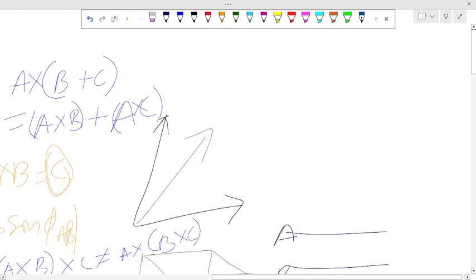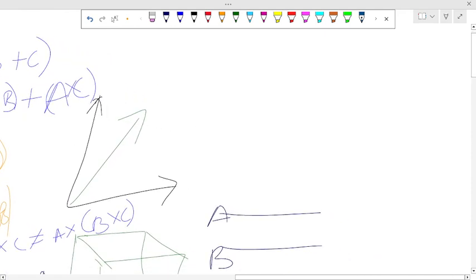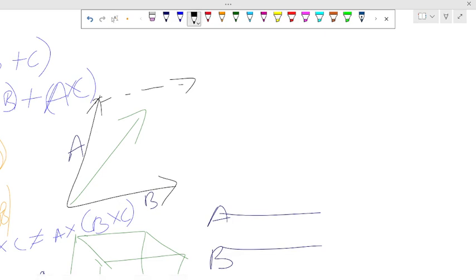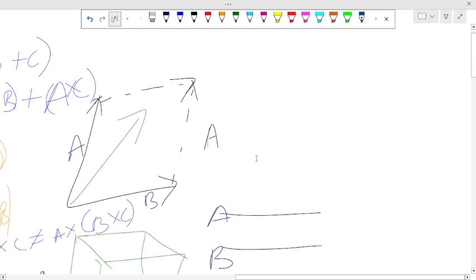Having vector A and vector B, if you extend vector B further in the opposite direction, and vector A as well, you get this diagram.